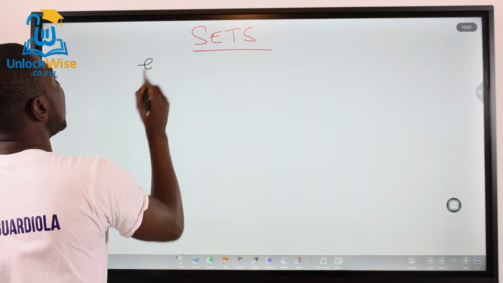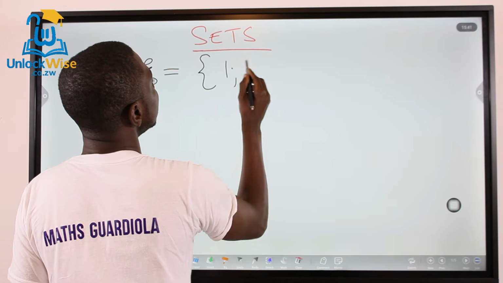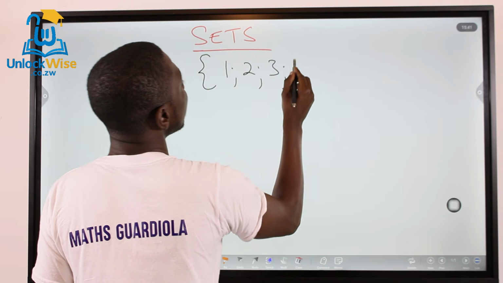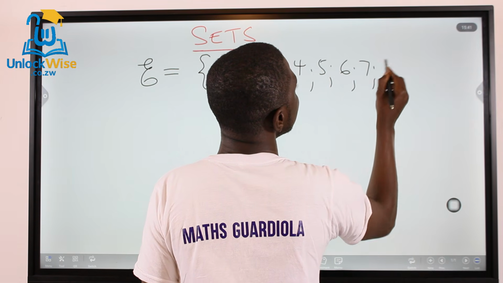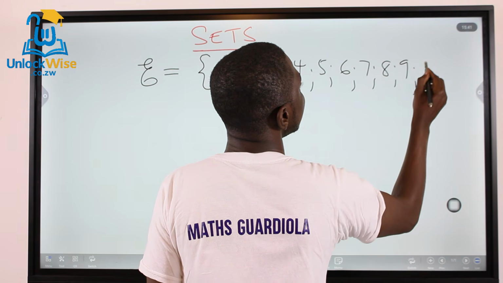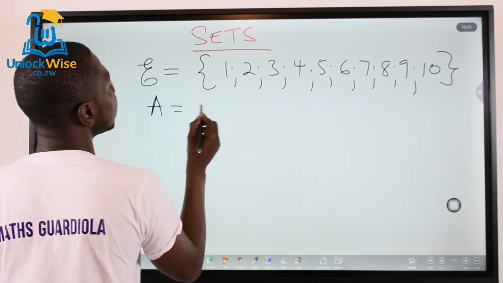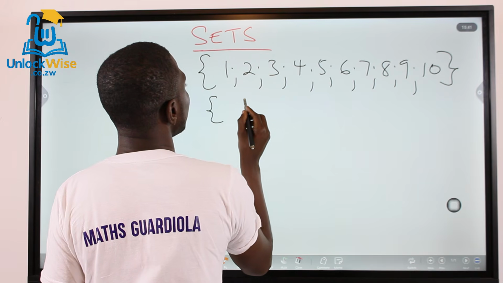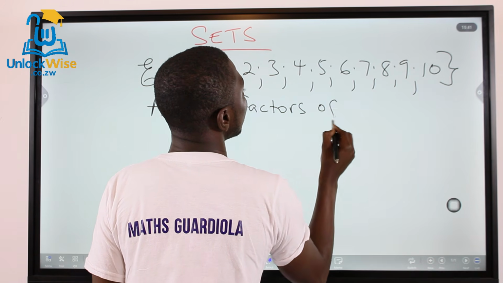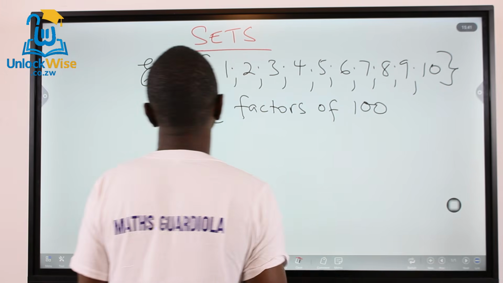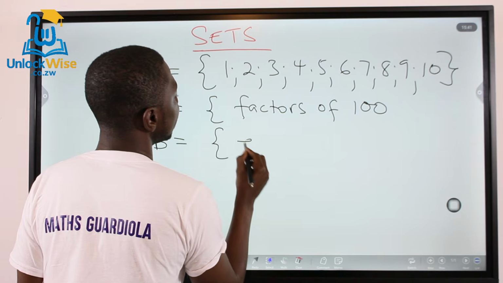Let's say our universal set has 1, 2, 3, 4, 5, 6, 7, 8, 9, and 10. And set A is a set of factors of 100, and set B is a set of even numbers.